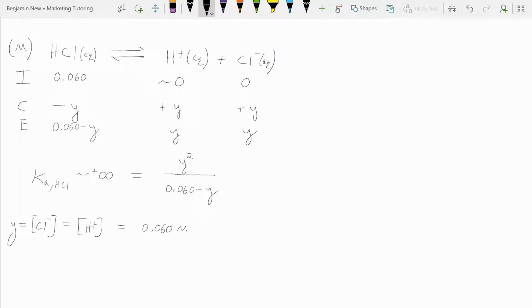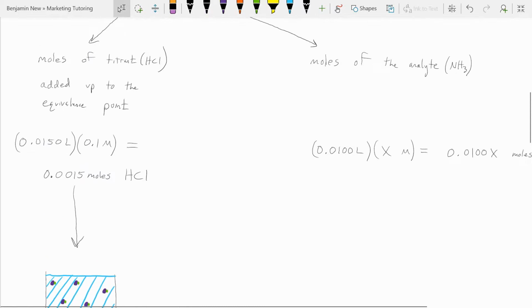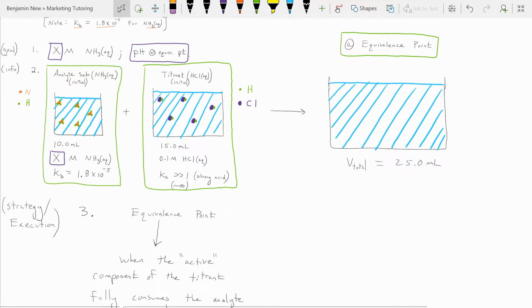Let's go ahead and do the same treatment for the base now. So let's remember what we did. We took the titrant, which is the HCl, and we equilibrated that but in the larger volume at the end. Now let's do the same thing for ammonia.